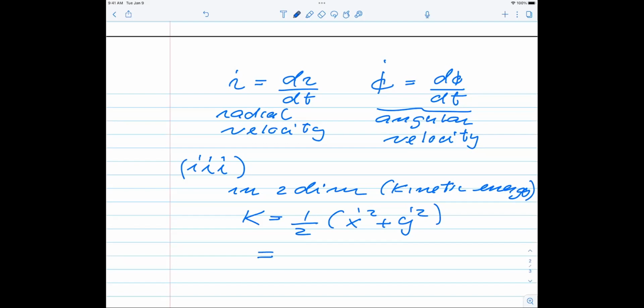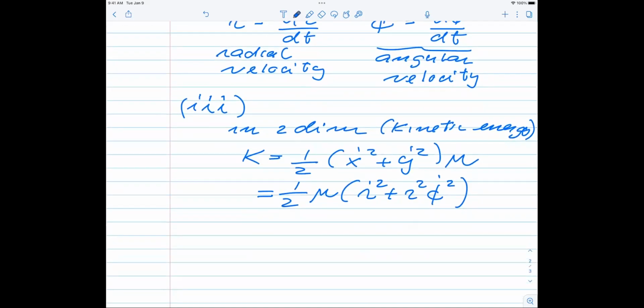Or alternatively, if you have the new coordinates, in our case, this is multiplied with mu. Mu is the reduced mass, so let me remind you of that definition as well. So this has the radial velocity squared, but then it contains the radius squared multiplied with the angular velocity squared. So this is one of these transformations we made last week. And we have m1 m2 divided by m.